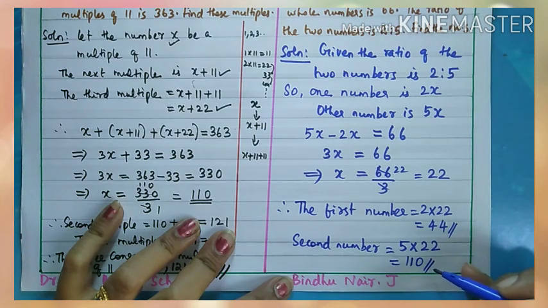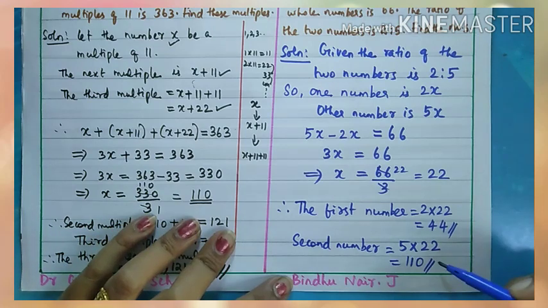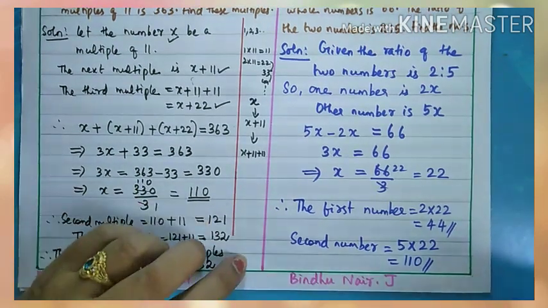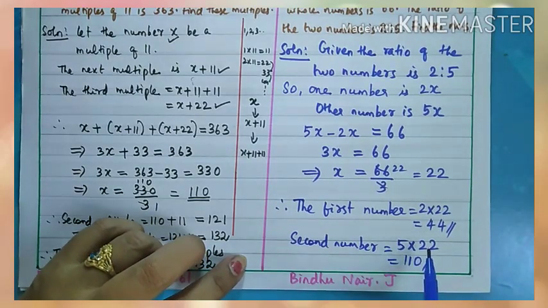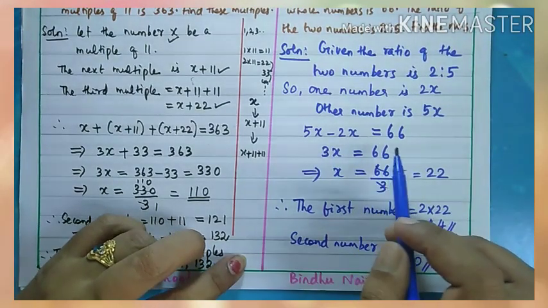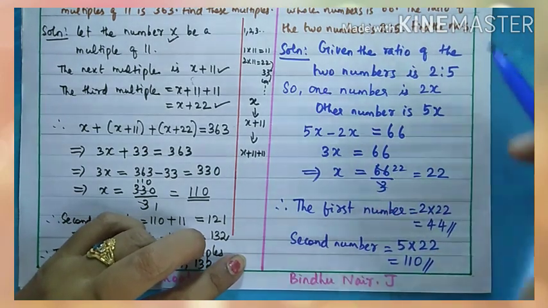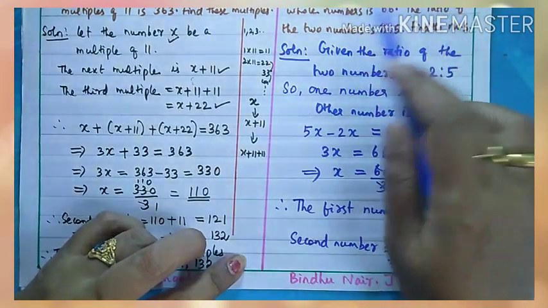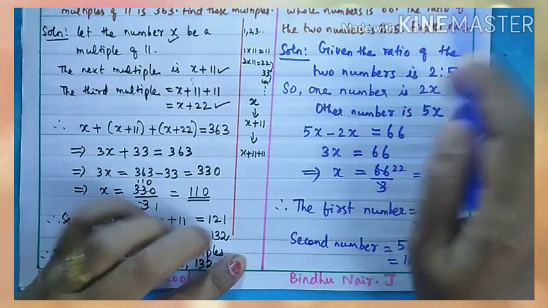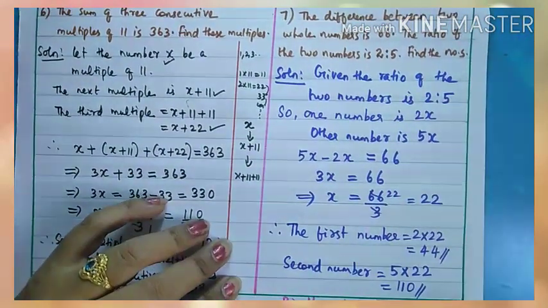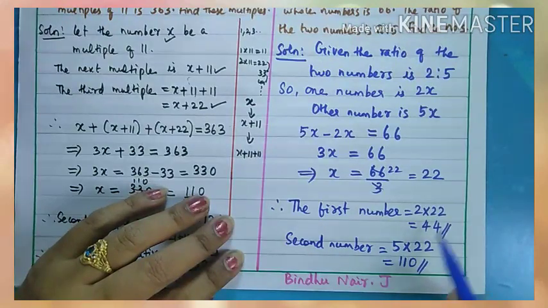Now children, after finding your answer, if you want to confirm whether your answer is correct or wrong, you can put your answers in the given relation also and check. Here it is given the difference between the two numbers is 66, correct, in our question. Now you got the answer as 110 and 44.